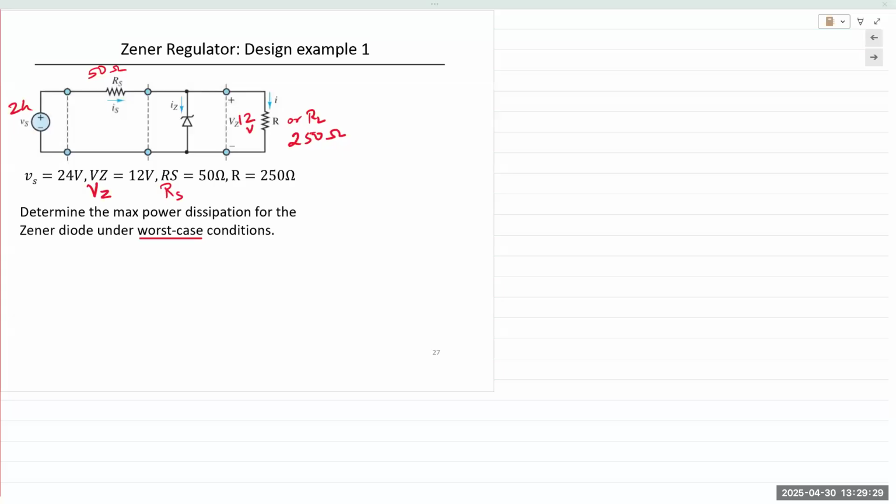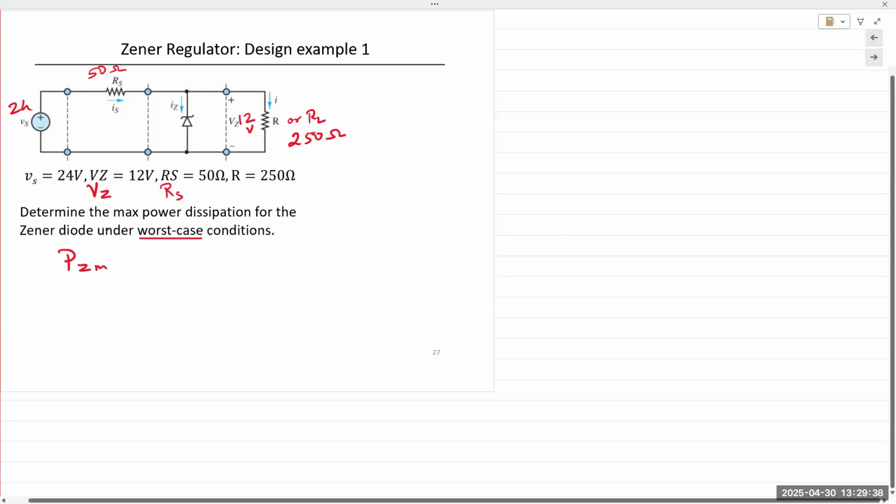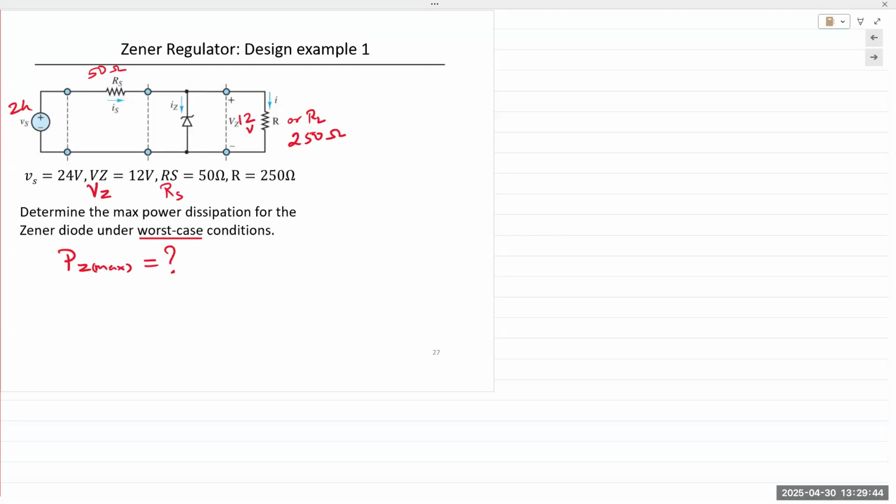All right, so worst case scenario. Again, we are required to determine the maximum power dissipation, meaning PZ max. For PZ max to occur, IZ must be at its maximum value.